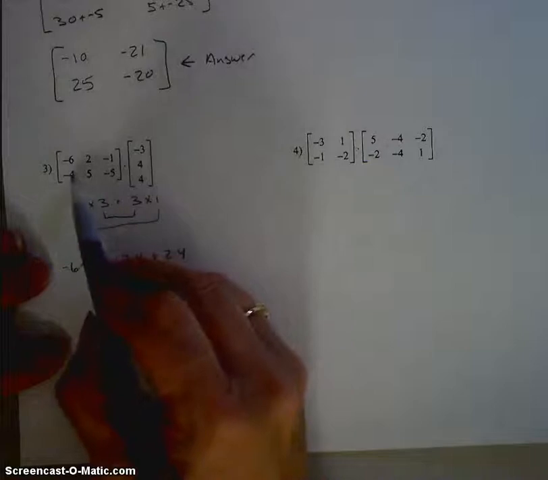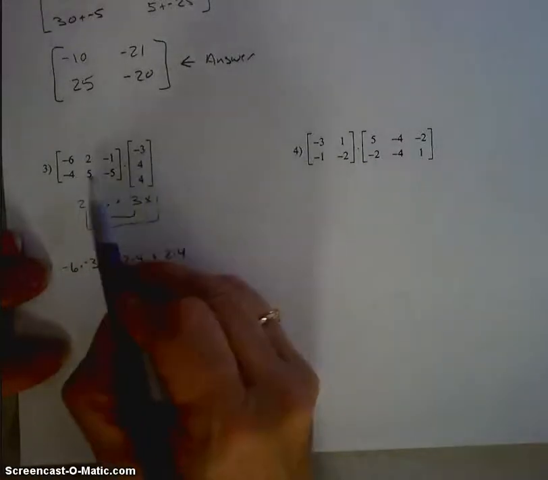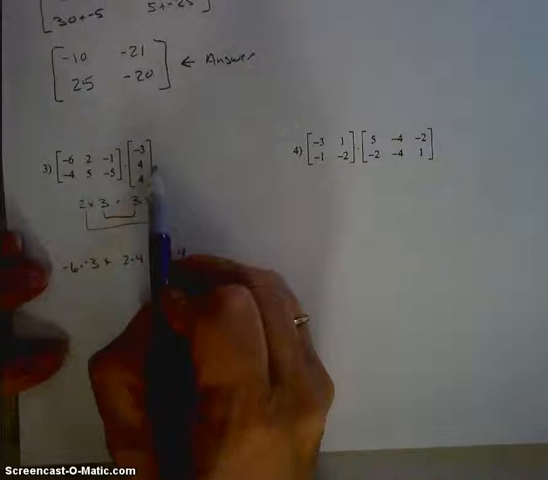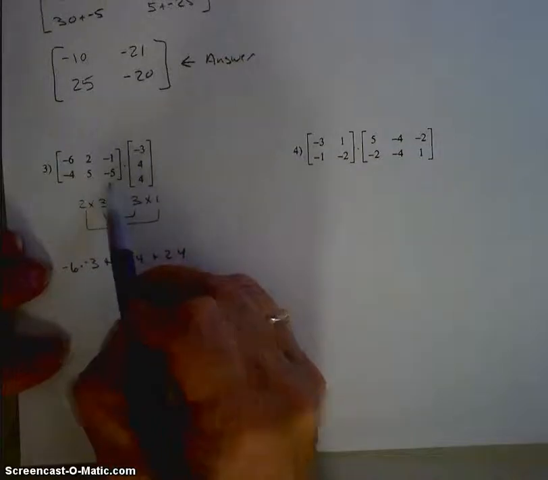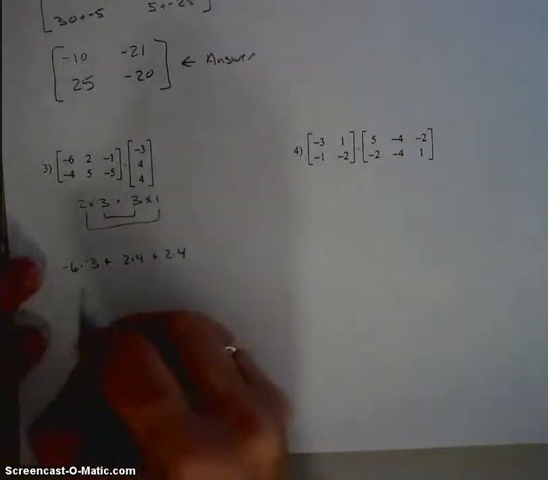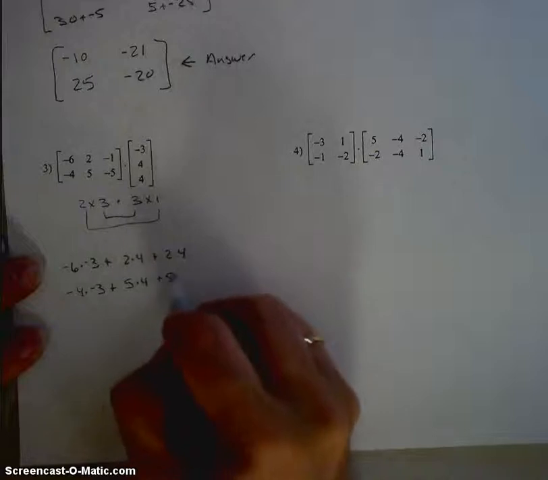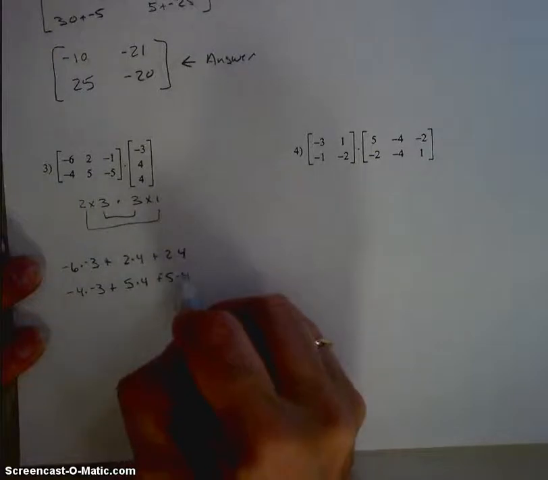Remember your corresponding elements. The first one in this row, first one in the column. Second one in the row, second one in the column. Third one in the row, third one in the column. Okay, so let's do the second row here. So I have negative 4 times negative 3 plus 5 times 4 plus negative 5 times 4.